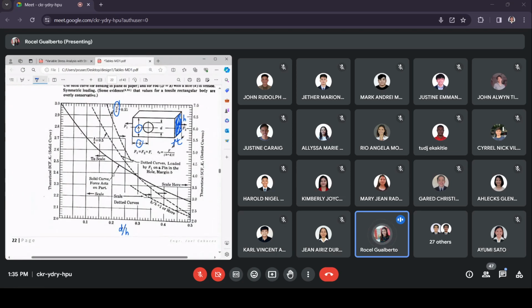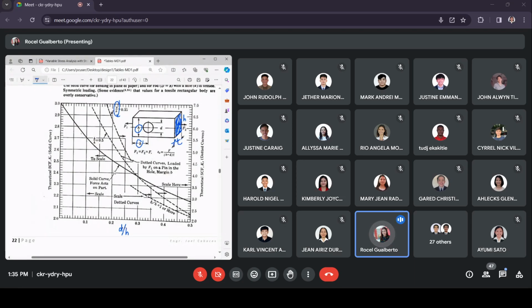That is how you would know which among these curves would be used. If you use the dotted curves, you need to know first the ratio between b and h to decide which curve to use. But for the solid one, you only have one, the one in the middle.